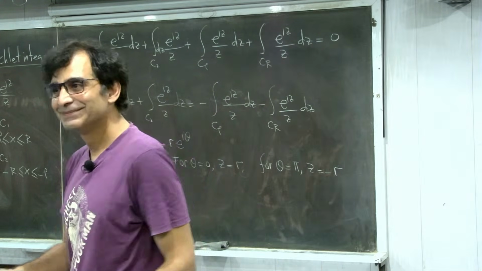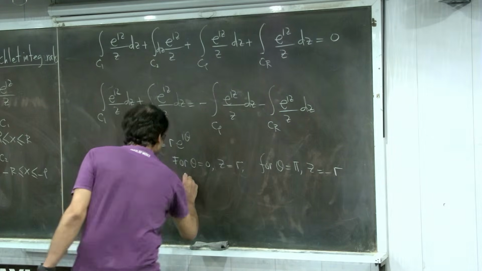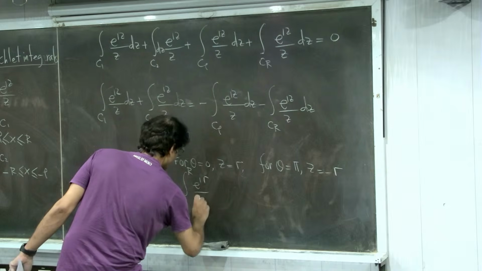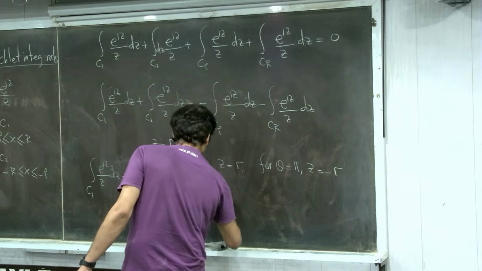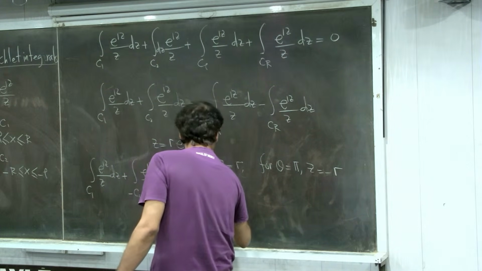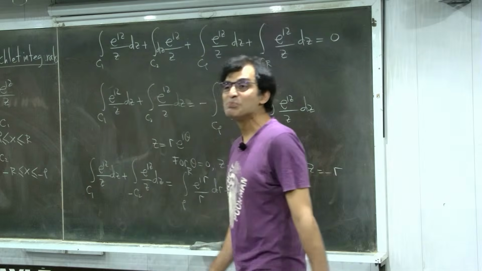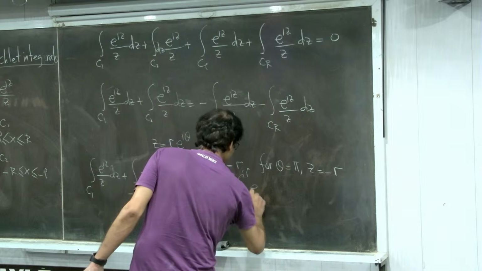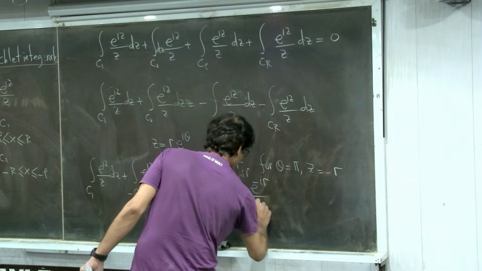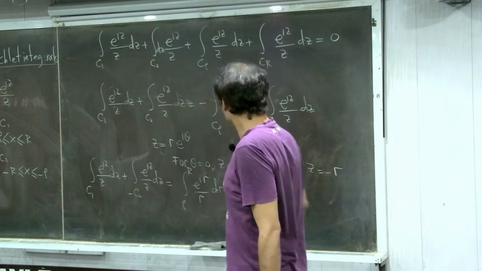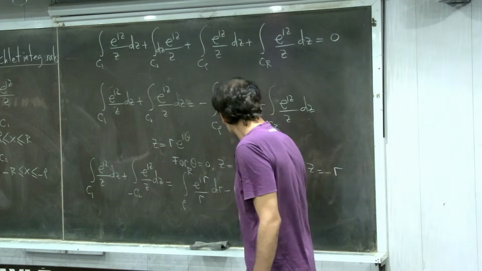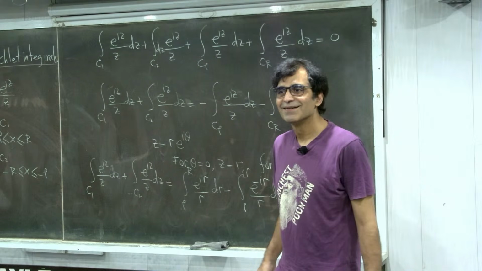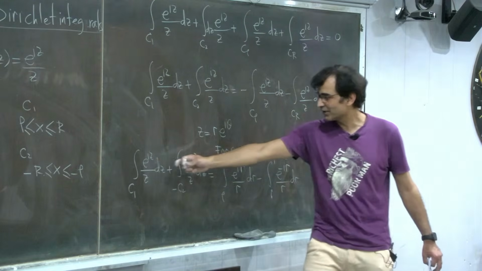Rho to r, e to the power iota r over r dr, plus or minus, rho to r, e to the power minus iota r over r dr. Why? Because on one you have minus r, on the other you have positive r. So you have to put that over here, parametric equation.